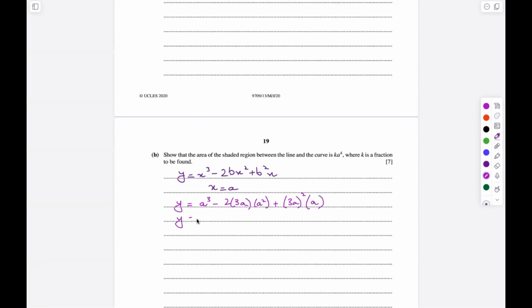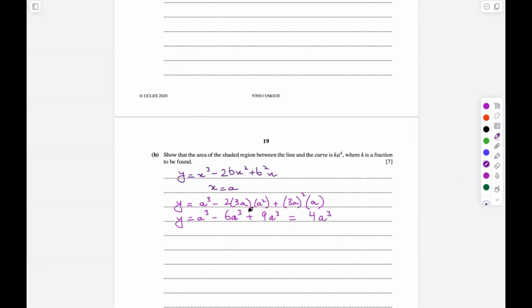So y will be equal to a cubed minus 6a cubed plus 9a squared into a, so that will become 9a cubed. Simplifying this, 1 minus 6 is minus 5, minus 5 plus 9 will be equal to 4a cubed.